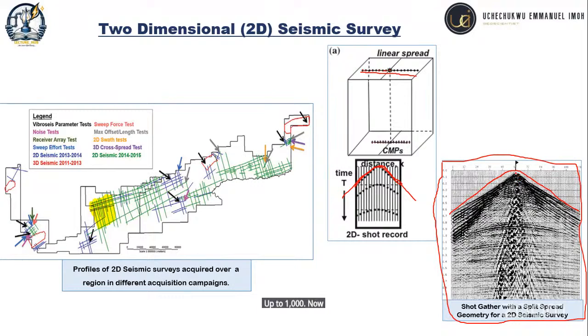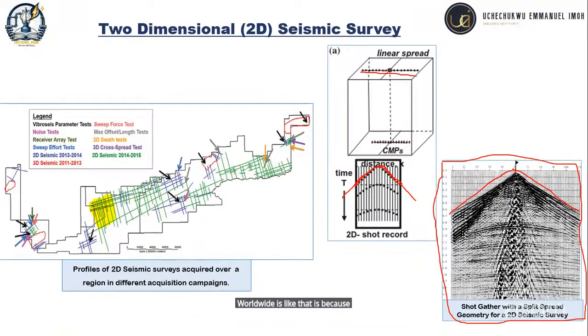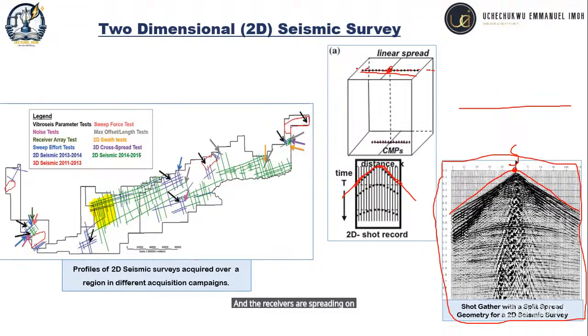Now, why is it shaped like a mountain or hill? It is because the center is where you have the source. Remember the split spread arrangement that I showed you before, which is shown here. The source is in the middle and the receivers spread on the left and on the right. That gives you a split spread array as the geometry of your 2D acquisition.